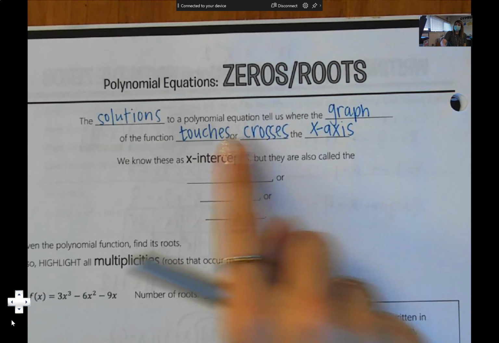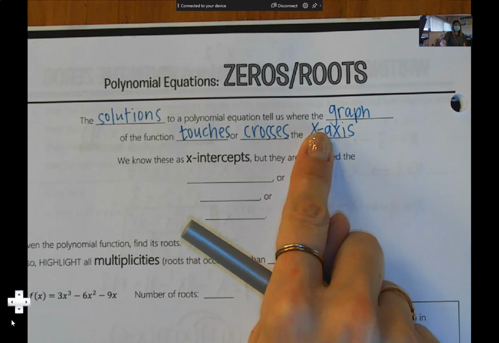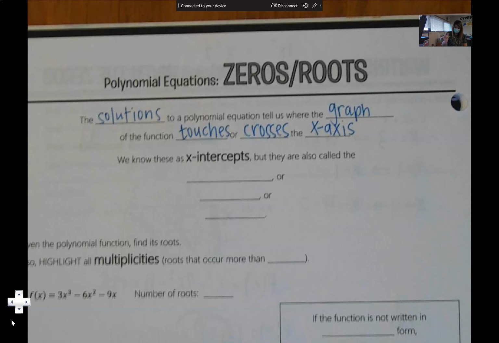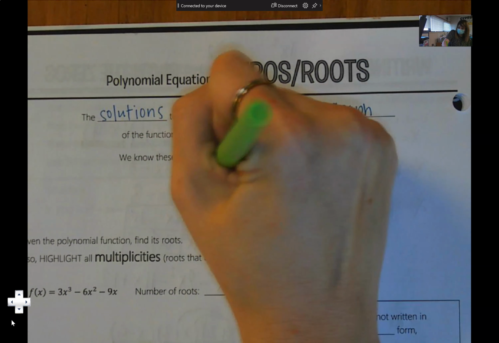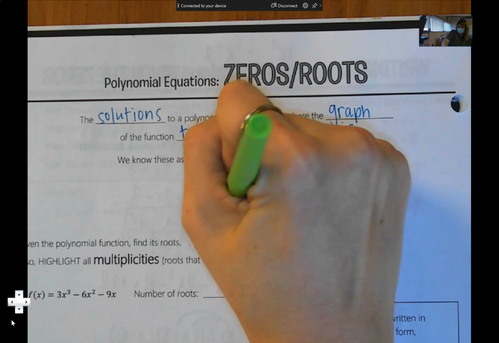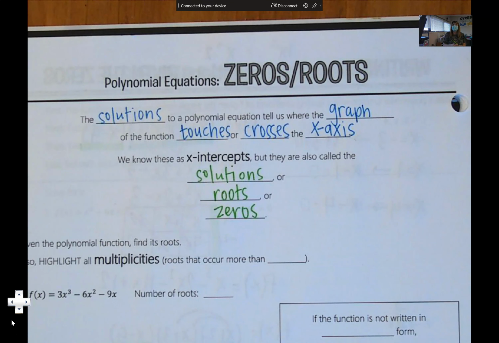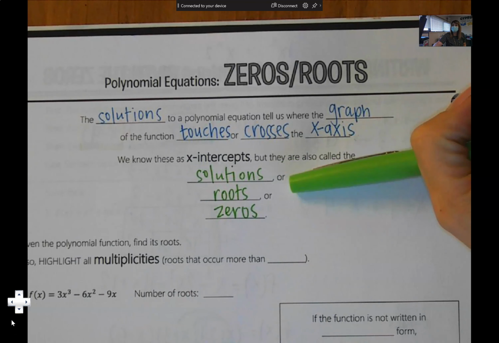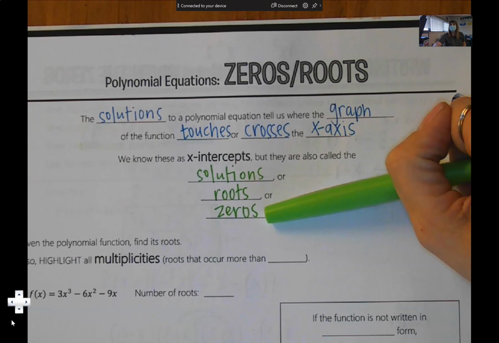And now we're going to think about them as where they touch or cross on the x-axis if you graph them. So we know these as x-intercepts. You guys know what these are. You know them as x-intercepts, but they are also called solutions, roots, zeros. Those all mean the same thing. X-intercept is the same thing as a solution to a polynomial, the roots of the polynomial, or the zeros of the polynomial.